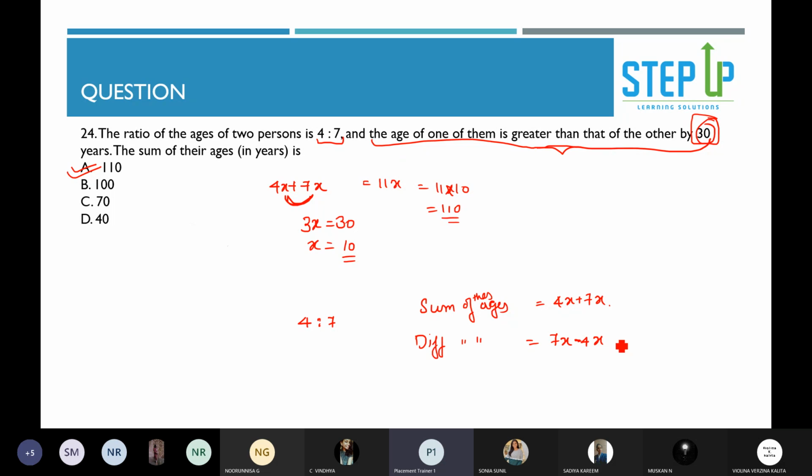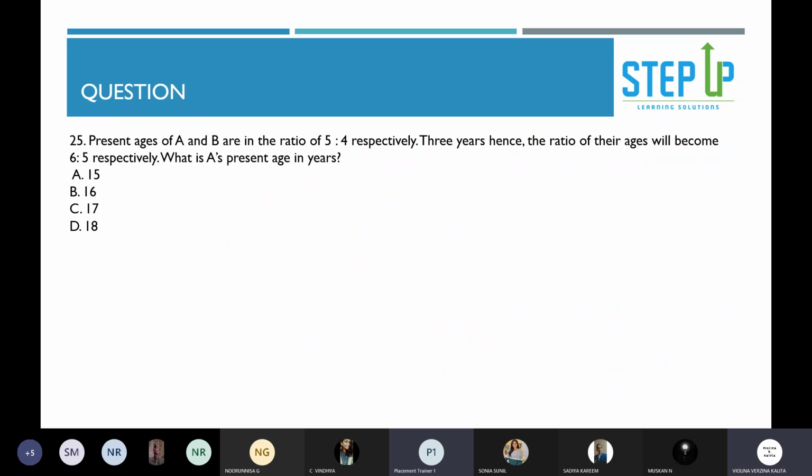And this is equal to 30, because the age of one of them is greater than that of the other by 30. So 3x is equal to 30. So x is equal to 10, which means that we need to calculate 11x. 11 into 10, 110. Fine, Sonia? Understood? Got it. Okay.